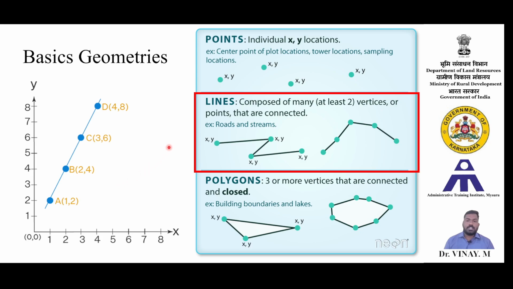Often we have one more term along with the line, the polyline. If we have a straight line between two points, that is a line. Suppose a number of points are used to construct a line and there is a bend in the line, in such a case we call that a polyline.